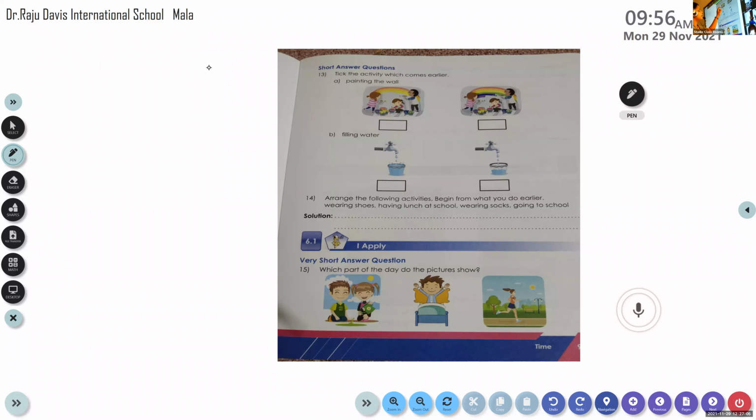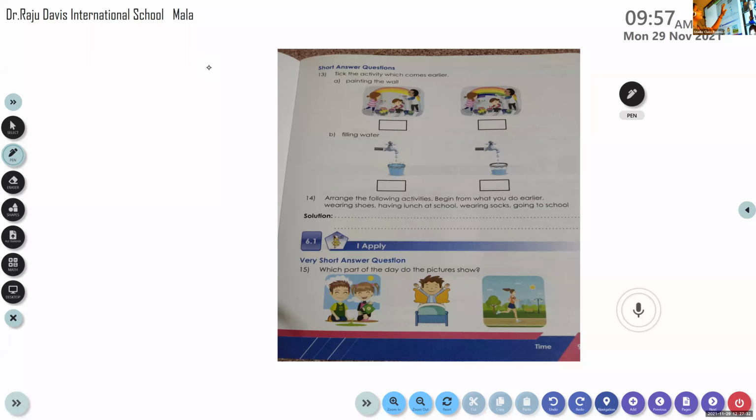Children are painting the wall, and in the first picture they painted three layers, and in the second picture they completed 4 layers, and the fifth layer almost half also completed. So which one is earlier? Is it the first picture or second picture? Listen. It's asked earlier, means before.